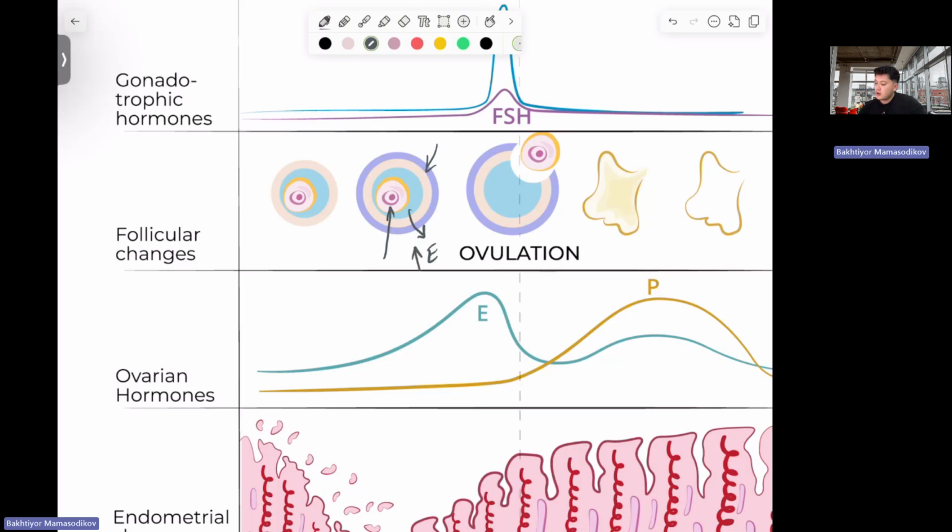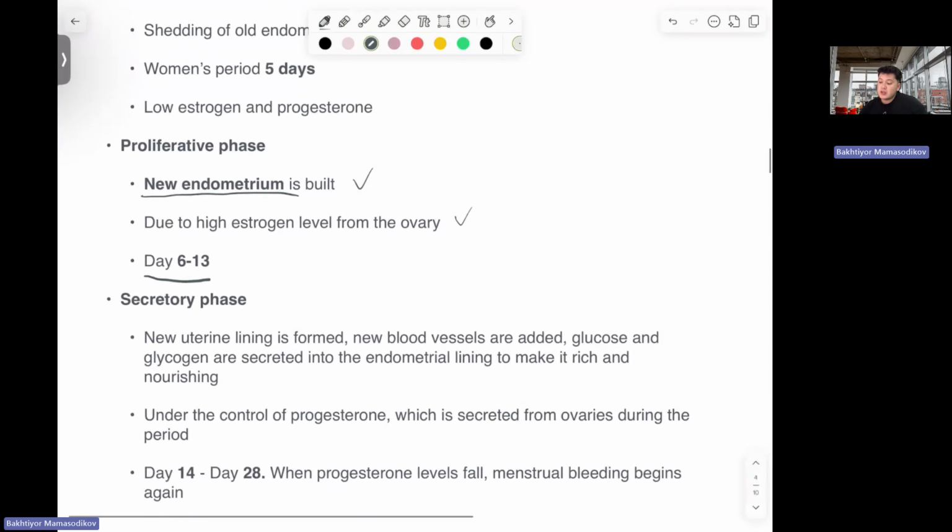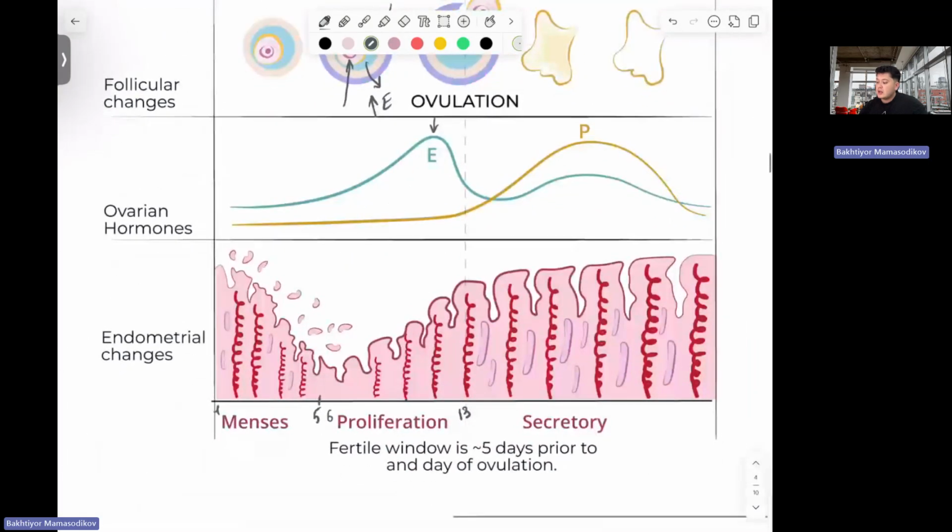As you can see, in the proliferative phase, the estrogen level is high, and in days 6 to 13, this estrogen forms the new endometrial layer. Starting from the 14th day, this is the ovulation day.